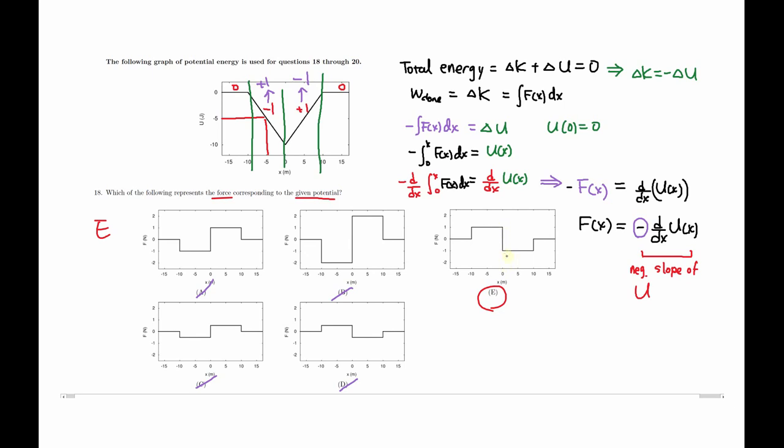That's why we have a straight line here. But looking at the interval between 0 through 10, we are able to find the slope. We are supposed to get -1, and looking at this, it is -1. So this is good. And finally, from 10 to 15 meters, we have 0, and negative 0 is 0, so this is perfect. So E is our answer.